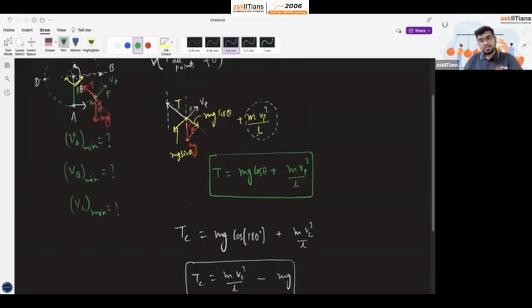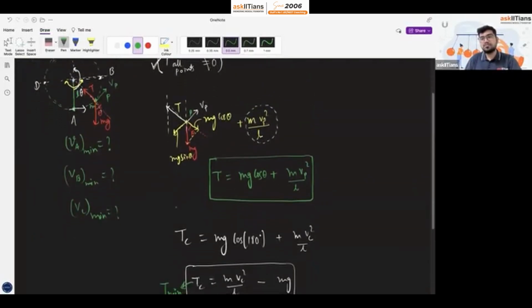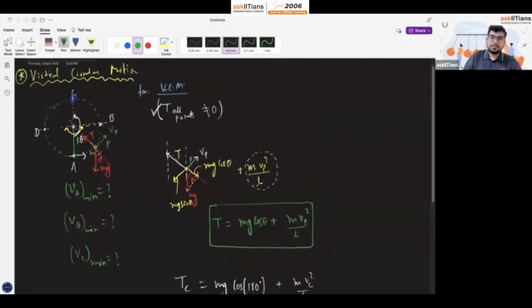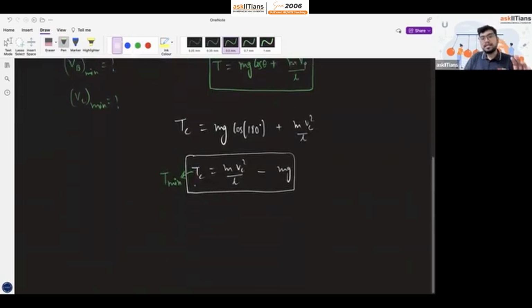Okay, so we know this is the minimum tension. If they ask you to find the position where the tension would be minimum, it would be nothing but C. Now, the possibility of tension becoming zero is also here, because it is the minimum tension which can be possible. Okay.